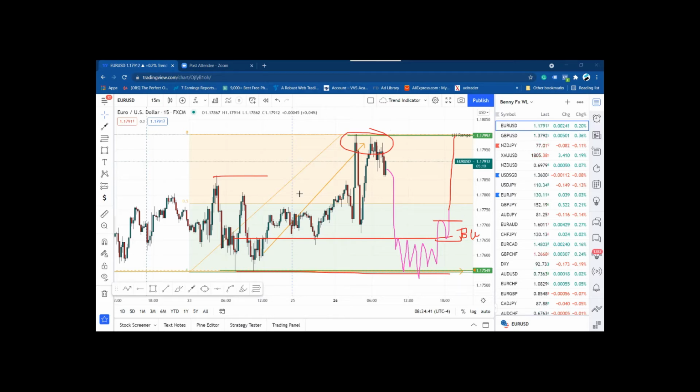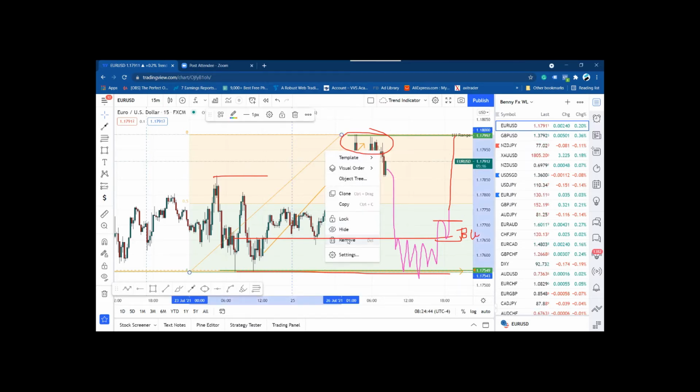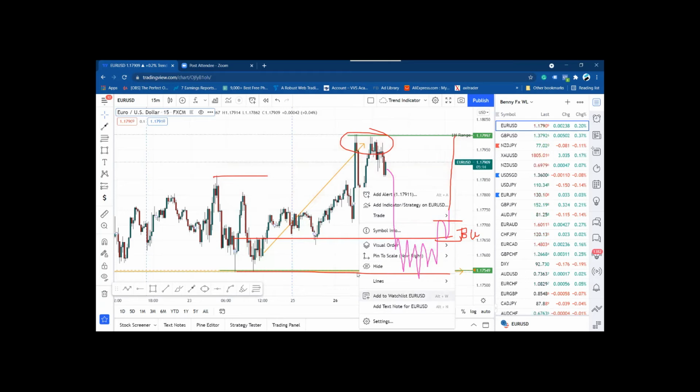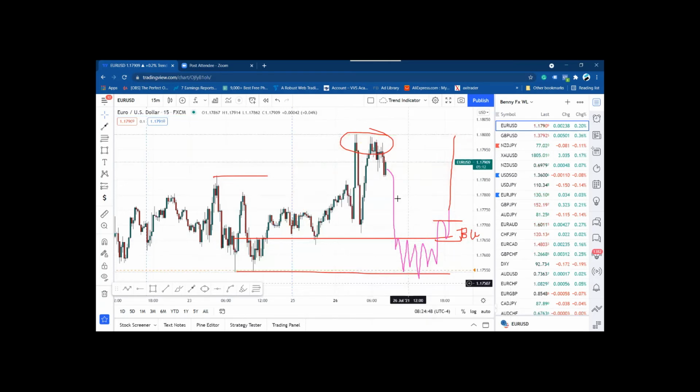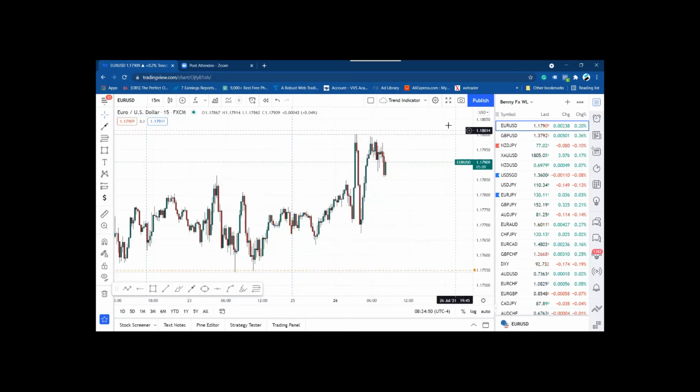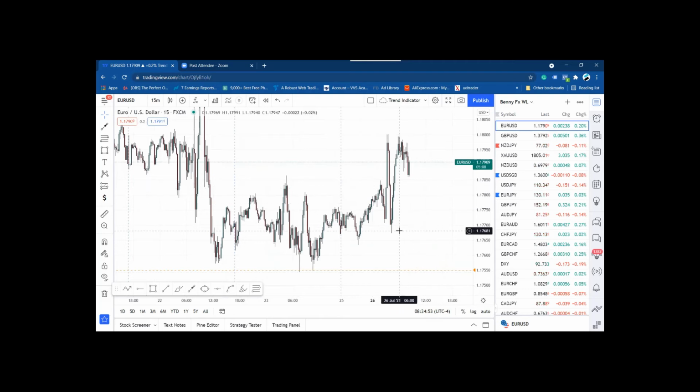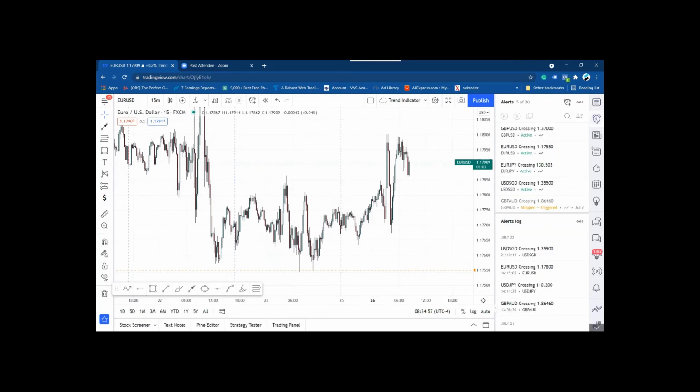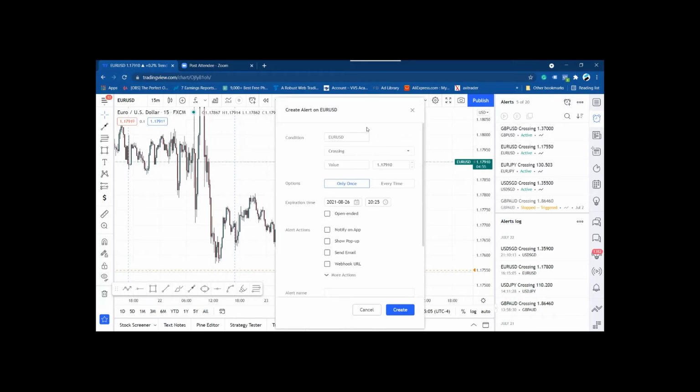Any question on the euro dollar? So what I want to do is put an alert, because when the US stock market opens, I'll be focused on the options, with no time to look at this. So I just set up an alert.